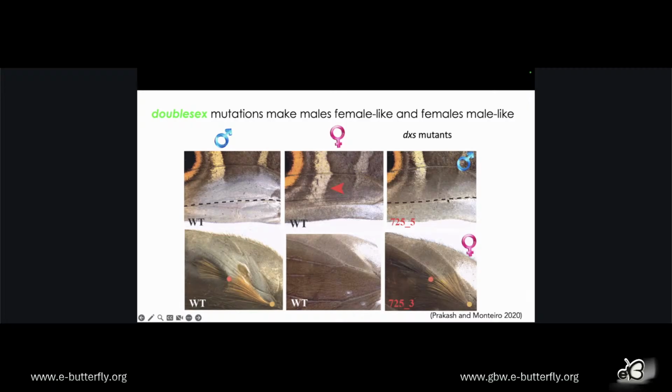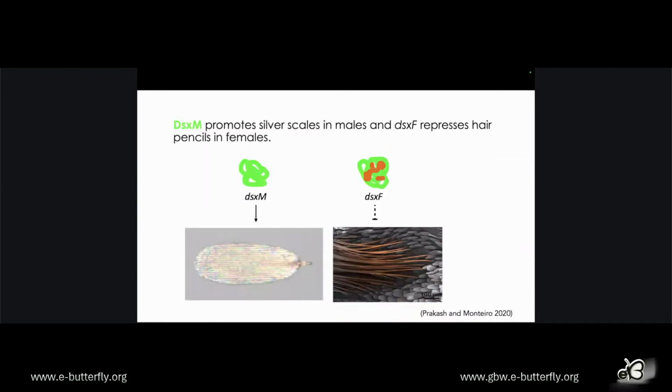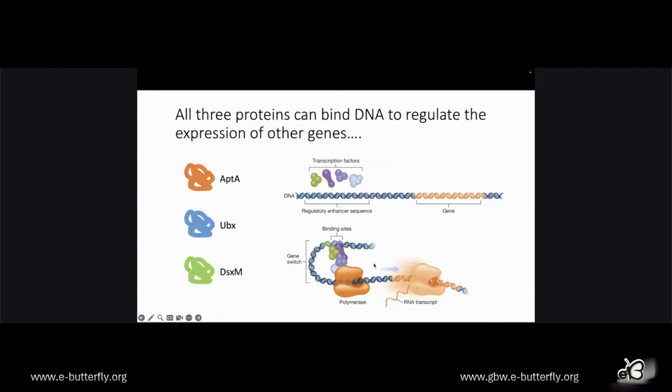But the males have used their unique protein to produce silver scales and to regulate their scale developmental program differently from females. So the function of the doublesex male protein is to promote silver scale development in males, and the function of the doublesex female version of the protein is to repress these modified scales, these hair scales, in female bodies.